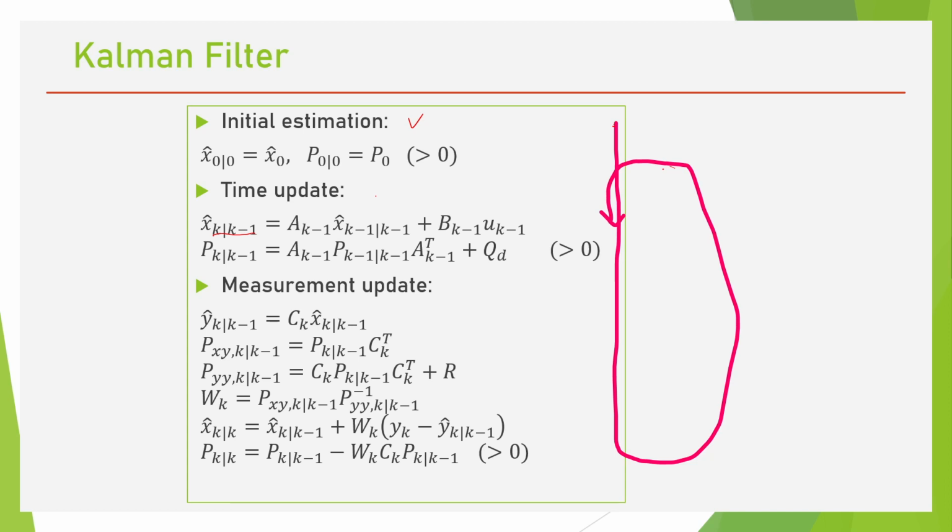Between 2 and 3, in a dynamic system, you actually have a sample time, like 10 milliseconds, for example. In some systems you need even smaller sample time, but in some systems, for example weather forecast, the sample time can be in hours.